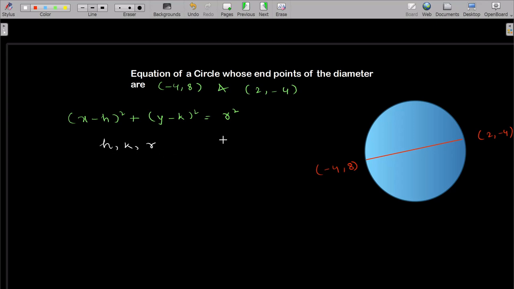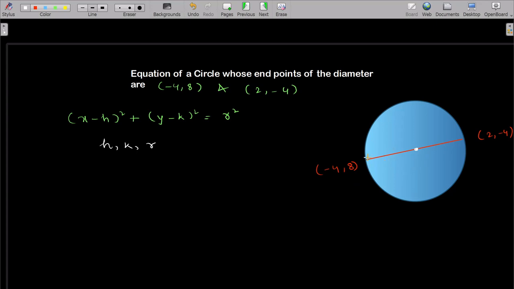Would I have to add the x values and the y values and then divide them by two, like sort of averaging them out? Perfect. Yes, and that's actually your midpoint formula. So you know that the center of the circle is going to be the midpoint of the diameter, right?